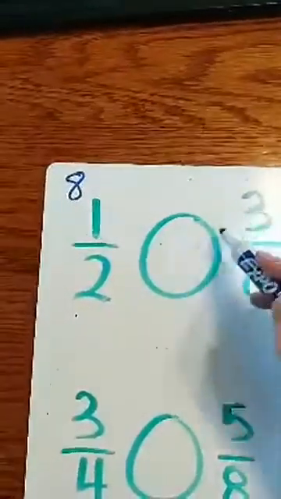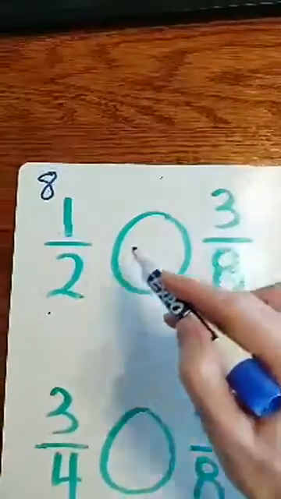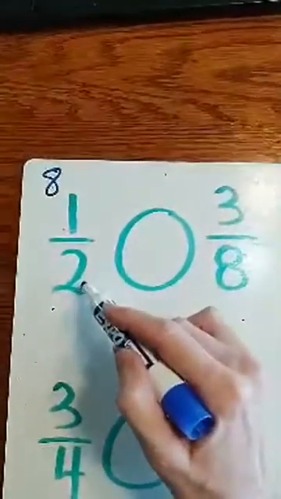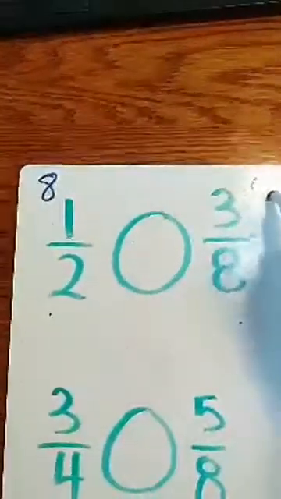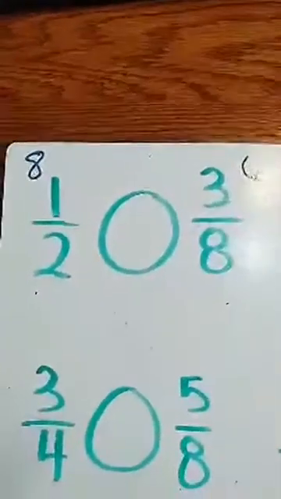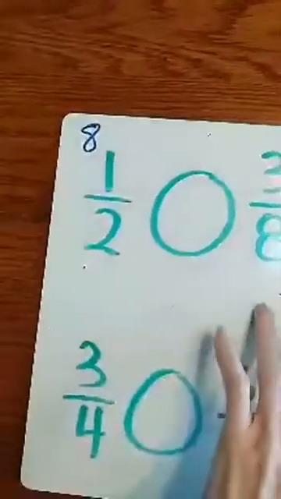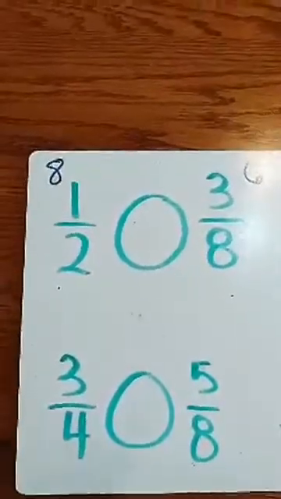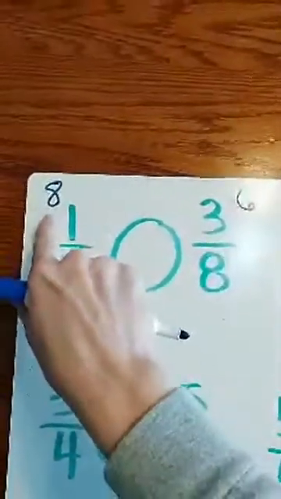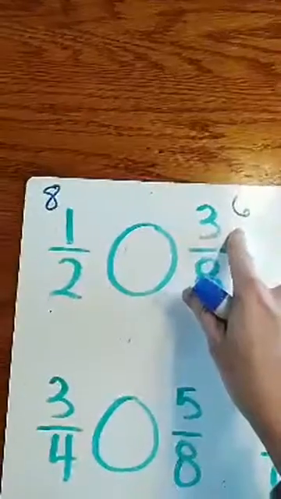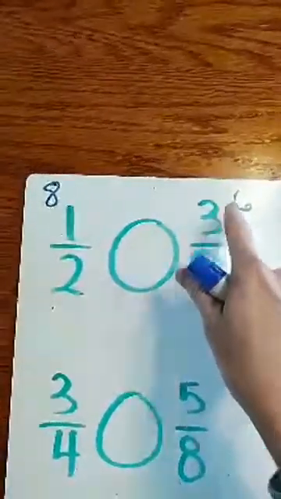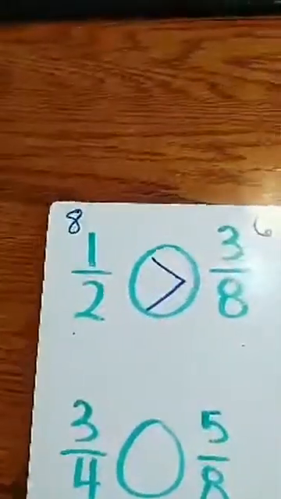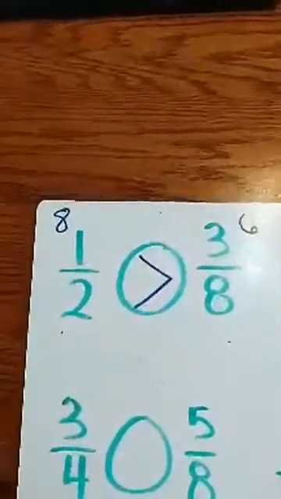Now I multiply diagonally with my other two numbers. 3 times 2 is 6, and I write it up here. Even though this might seem like it doesn't make sense, it does. 8 and 6 are the numbers we're going to compare. So 8 is bigger. My mouth is going to be open to eat the 1/2 with the 8 over there.